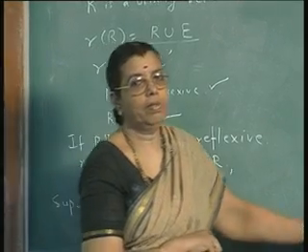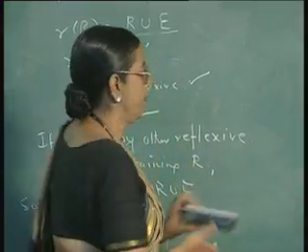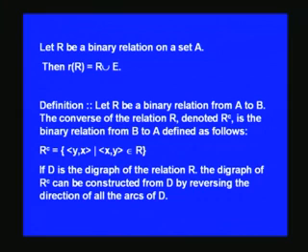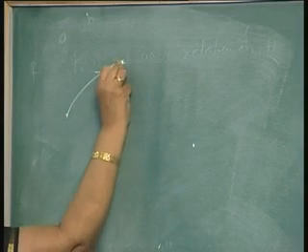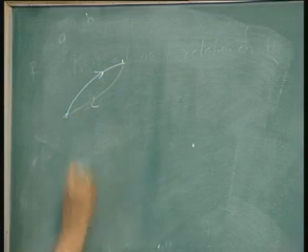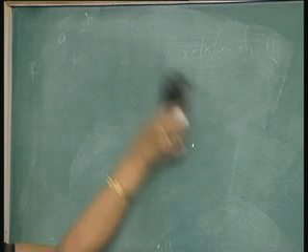Next, we shall go to symmetric closure. Again, let us consider some examples. As I mentioned earlier, in a symmetric closure, if you represent it as a graph, if you have an arc in one direction, you must also add the arc in the other direction.